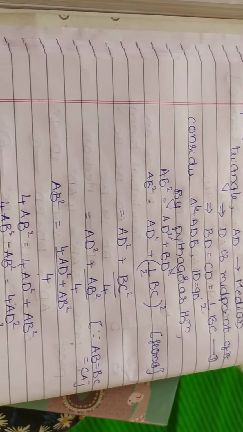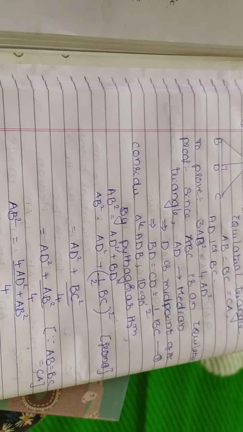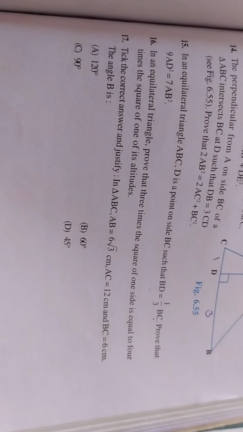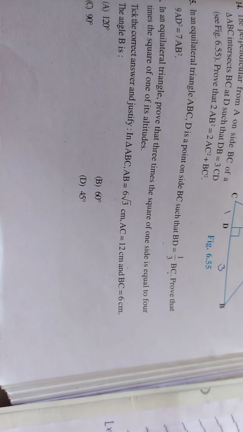Now coming to the last problem in this exercise as well as the chapter, the 17th question. So what is the question they gave? Tick the correct answer and justify your answer.